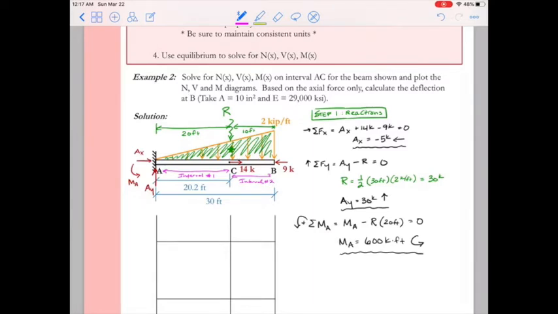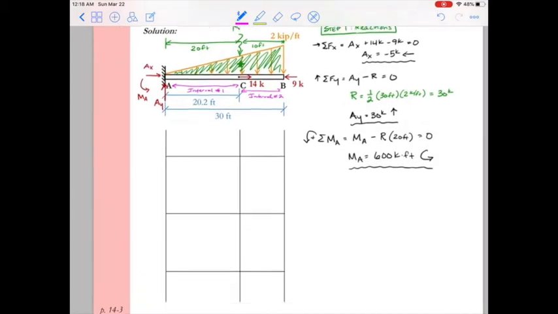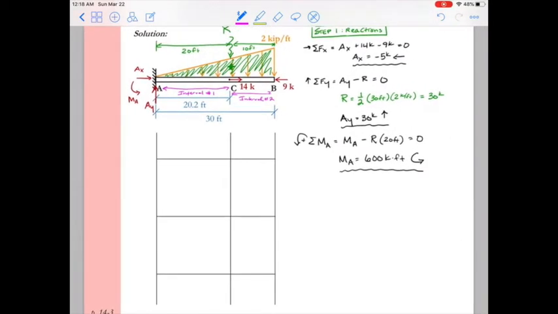For step 2, we want to define our intervals. So let me fix the color there.